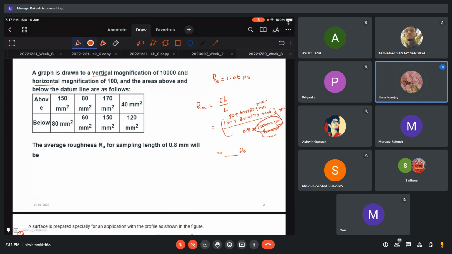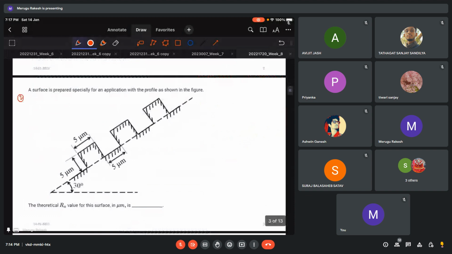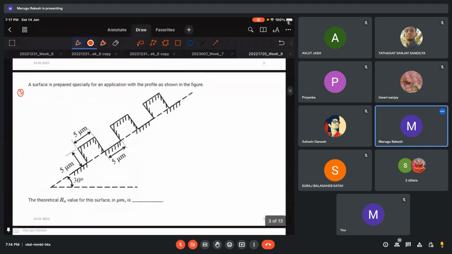The 0.8 is the cutoff length, the sampling length. Okay, thank you. Next question: 2.5.